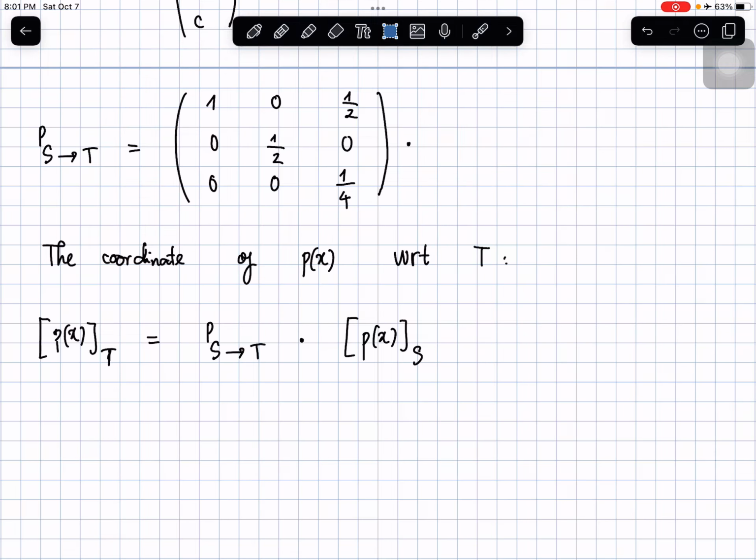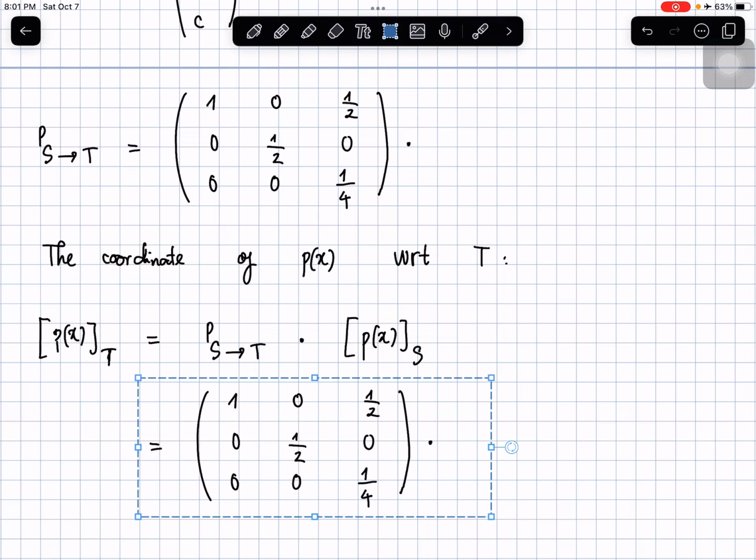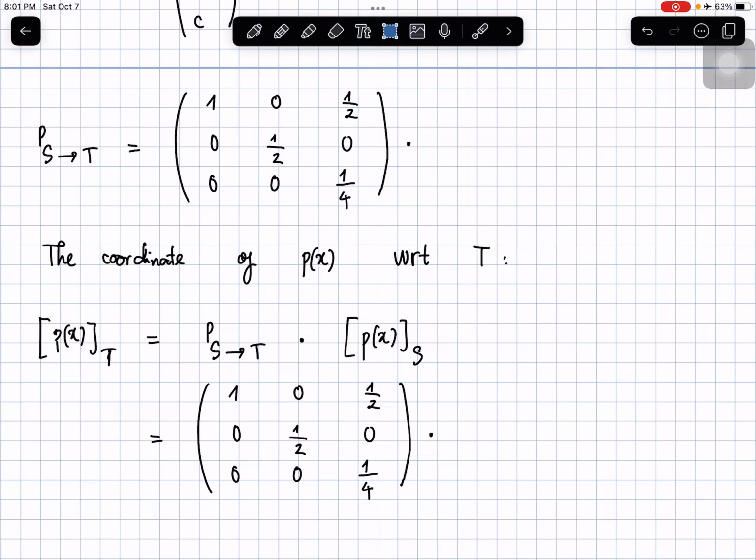The transition matrix from S to T is this one.